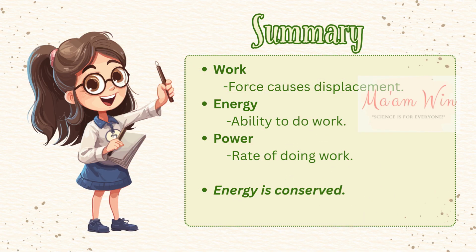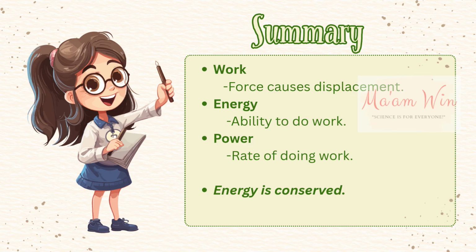Okay, so let us review the important ideas from today's lesson. Work is done when a force causes an object to move in the direction of the applied force, while energy is the ability to do work and power is the rate at which work is done. You also learned that kinetic energy is associated with motion, potential energy is stored due to position, and mechanical energy is the sum of both.